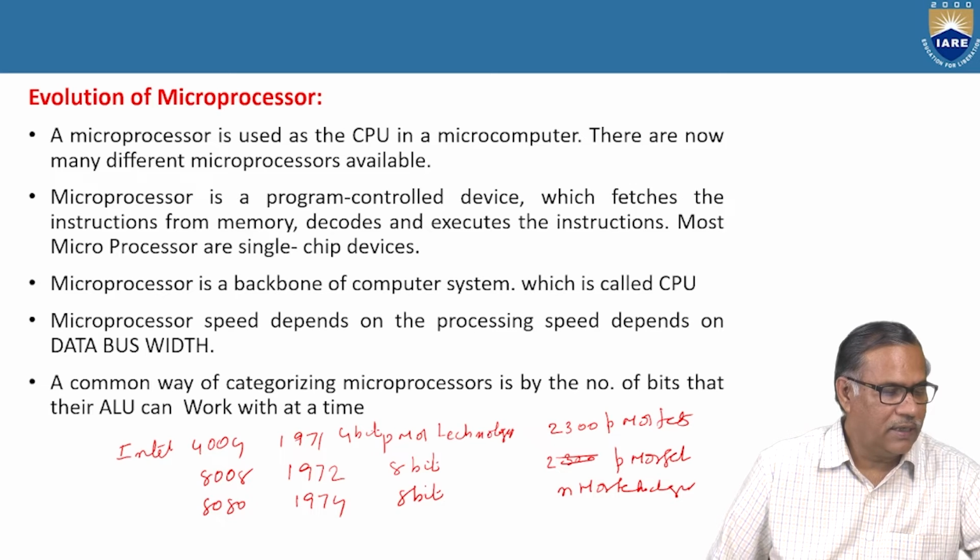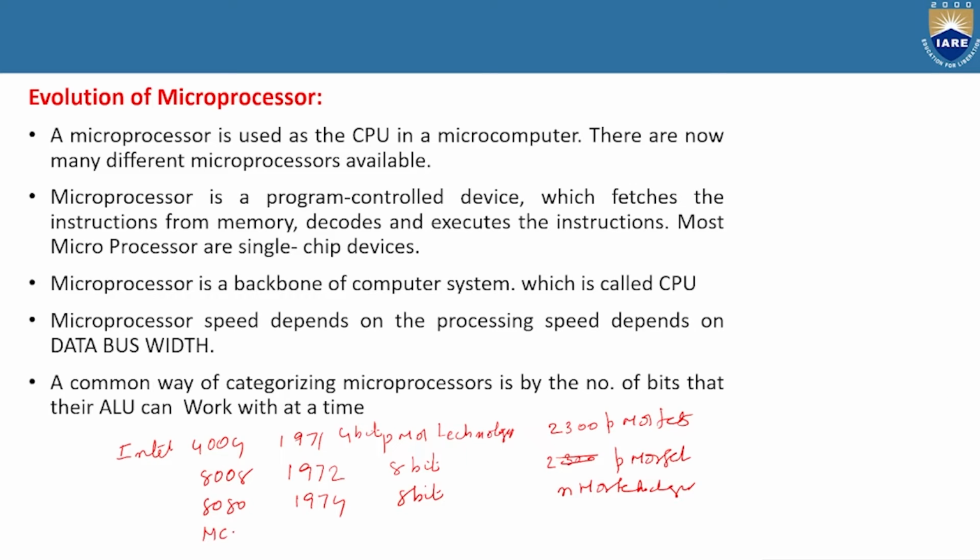Then Motorola came up with its own microprocessor, the MC6800, an 8-bit microprocessor that required a single power supply. That was the advantage it had. So naturally, everybody started purchasing microprocessors from Motorola.